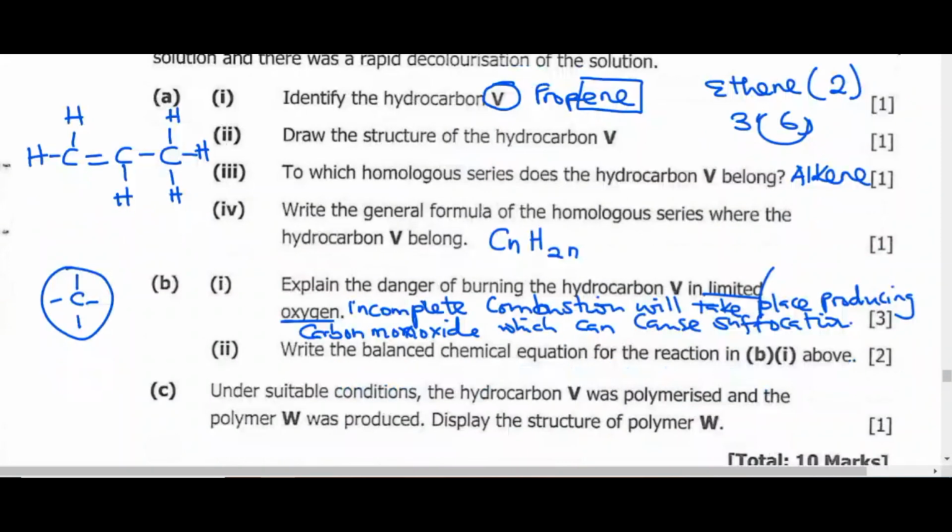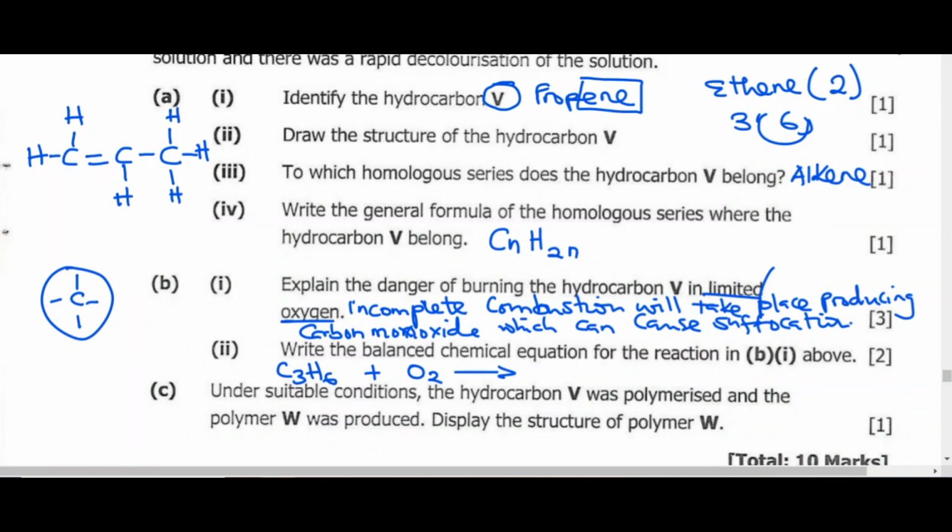Write the balanced chemical equation for the reaction in B1 above, where hydrocarbon V is burned in limited oxygen. Because we are looking at propane, we have C3H6 plus oxygen, and then what are we going to have?